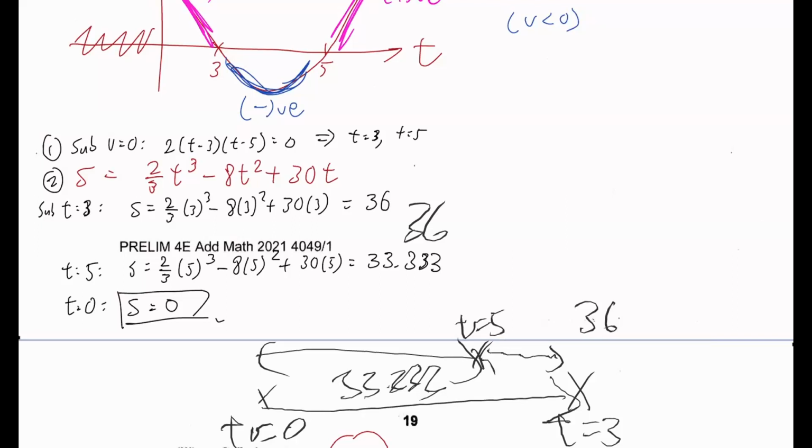Yeah, from t equals 3 to t equals 5 it is moving towards. Maybe we try another point after t equals 5, t equals 7. Let's see what happens. I get 140 over 3, which is 46.666.